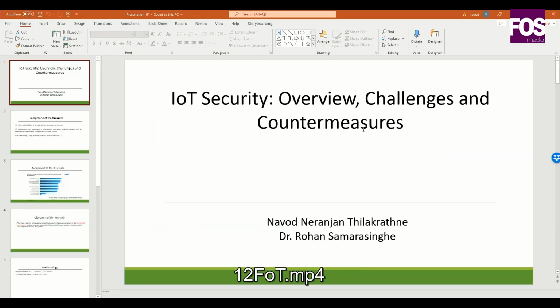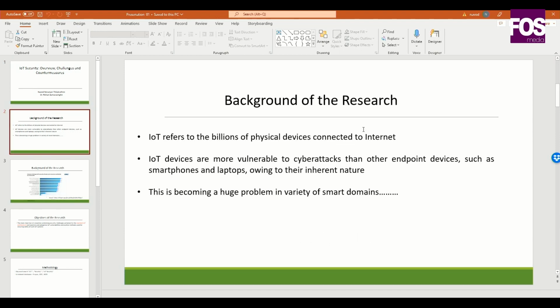Yes, this is regarding the abstract we submitted about IoT security overview, challenges and countermeasures. It's a simple review. To highlight the background of the research, the Internet of Things, or IoT, refers to billions of digital devices connected to the internet that can communicate with each other.